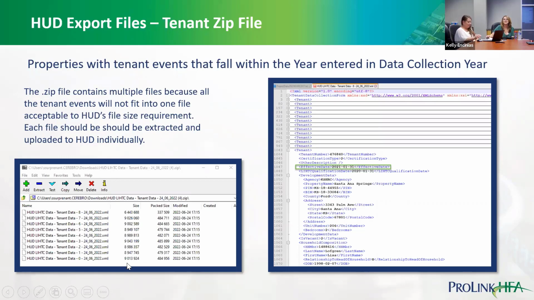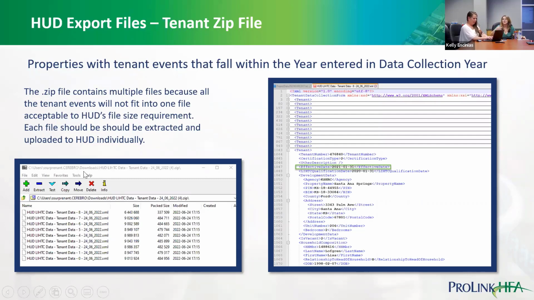You can see the files do get pretty big. So what you can do is extract them to a folder on your computer and upload from there. And you do have to upload them one at a time, correct? Yes, you can't just put them all up there at once.